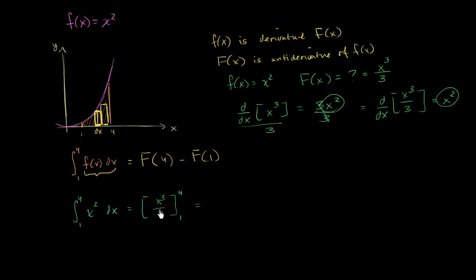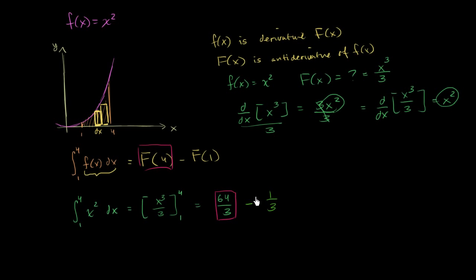So this is going to be equal to 4 to the third power is 64. So it's going to be 64 over 3. Let me color code it. This right over here is this right over there. And then from that, we're going to subtract this business evaluated at 1. Well, when you evaluate it at 1, you get 1 to the third is 1 over 3. You get 1/3.